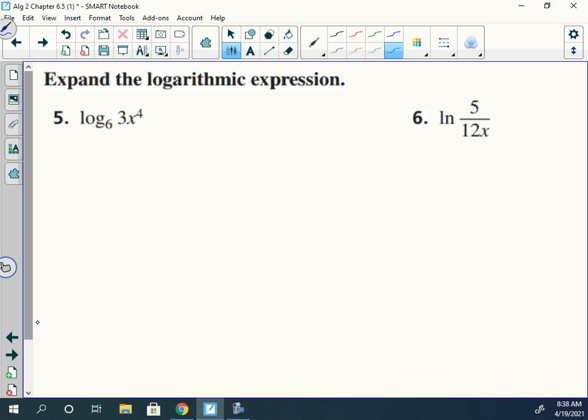So we would have log base 6 of 3. Since they're being multiplied together, we can rewrite them using addition. And then we'd move the 4 in front.